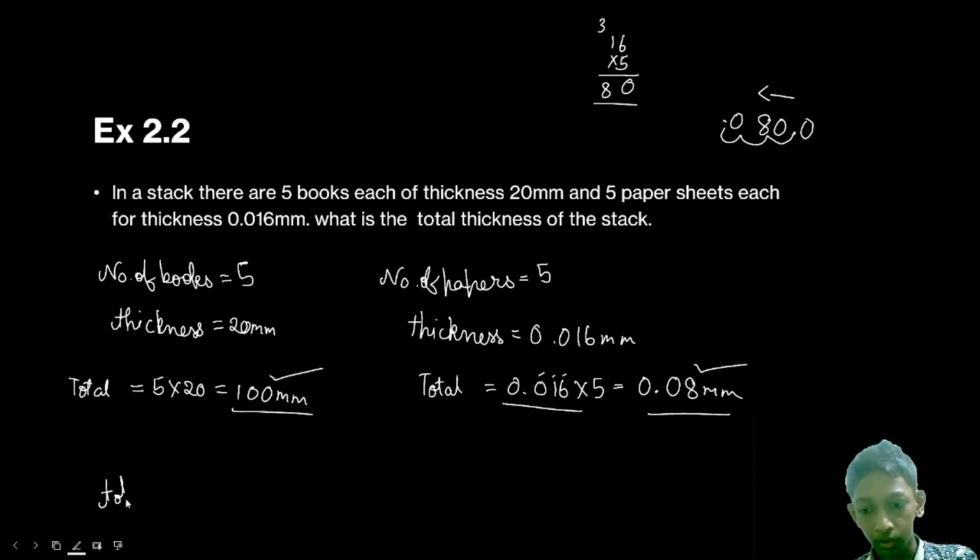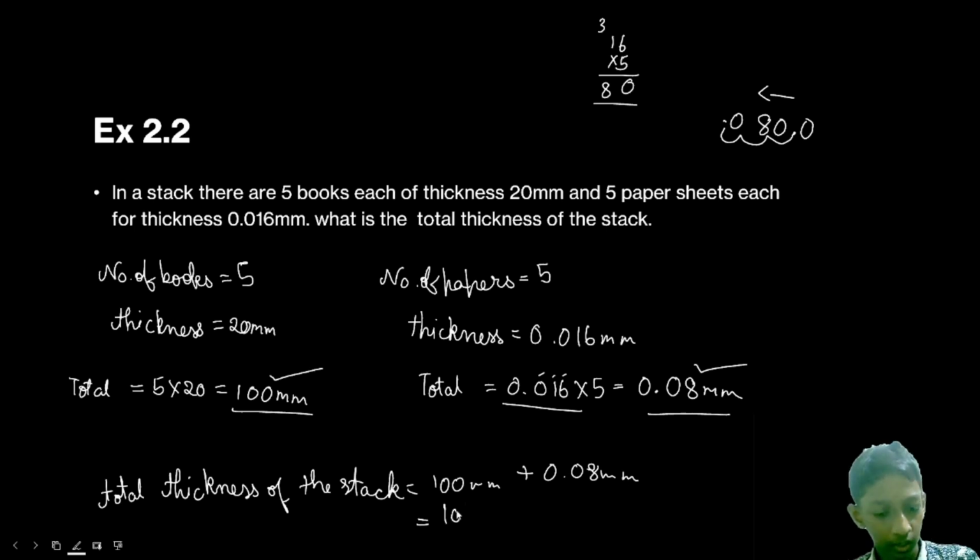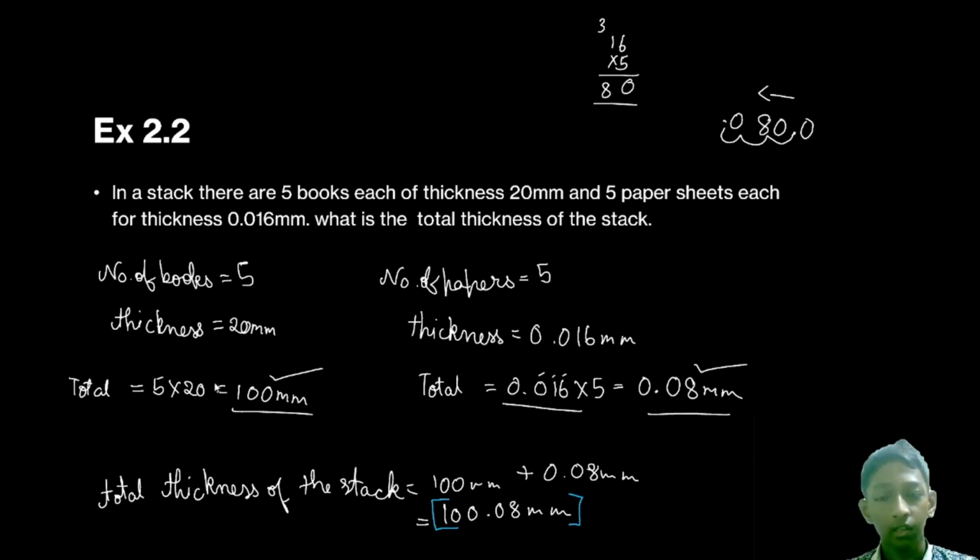So the total thickness of the stack is equal to the total thickness of the books plus the total thickness of the papers. 100 millimeters plus 0.08 millimeters is equal to 100.08 millimeters. Now let's move to the next slide.